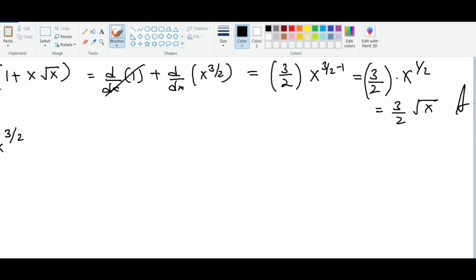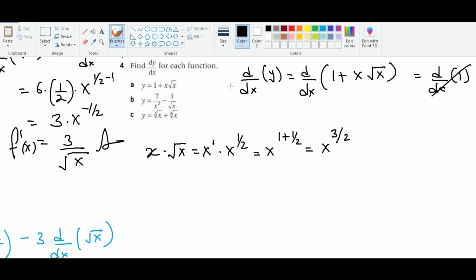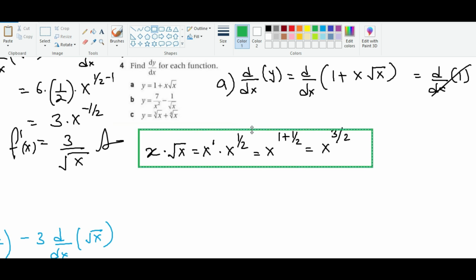So that's the dy by dx value for this one. That's the A part. And this one is just the observation which I have written. Okay, for this. Let's solve some other question.